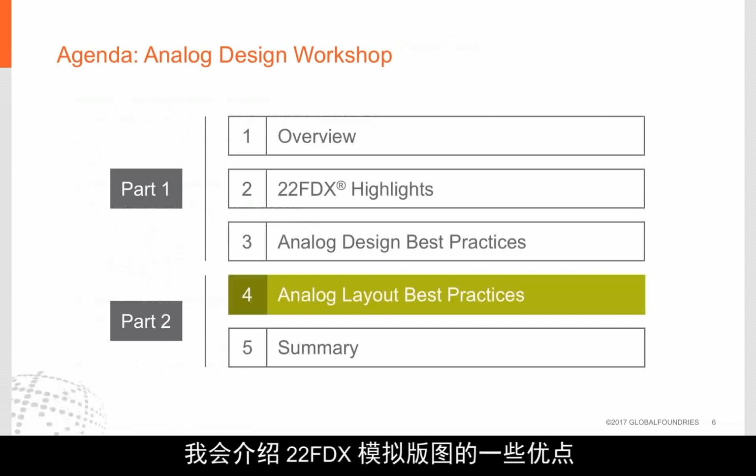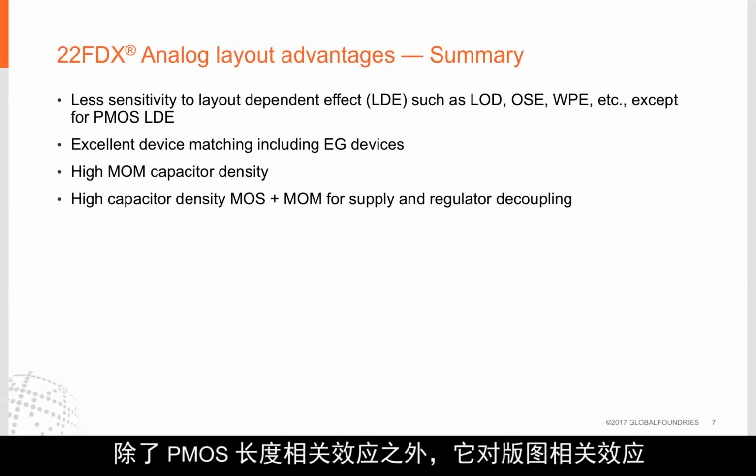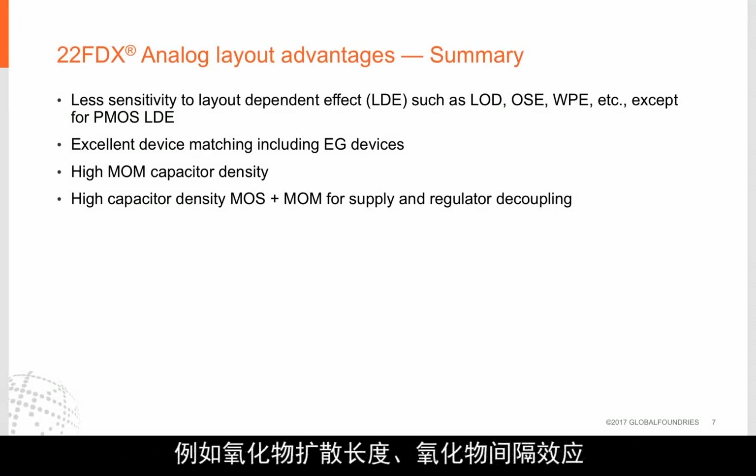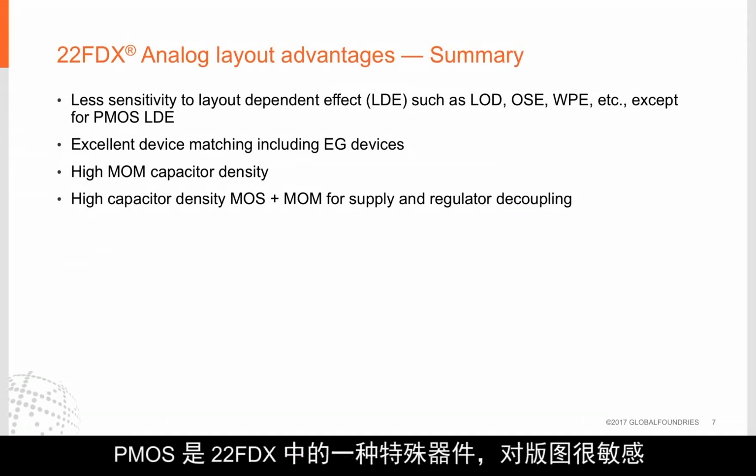I'll be covering some of the advantages of the 22FDX analog layout. It's less sensitive to layout dependent effects such as length of oxide diffusion, oxide spacing effect, and well proximity effect, except for the PMOS length dependent effect. The PMOS is a special device in 22FDX and is sensitive to layout.